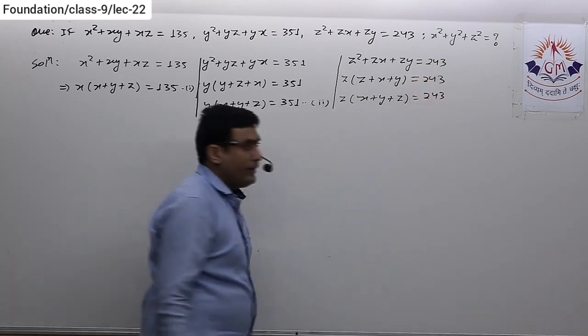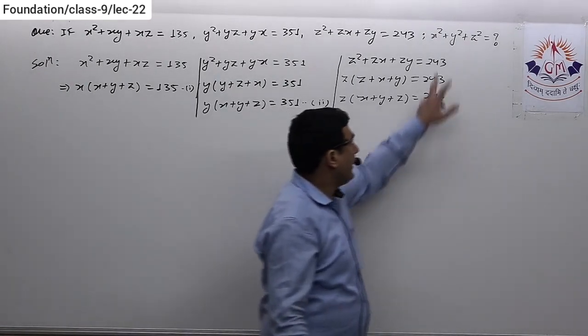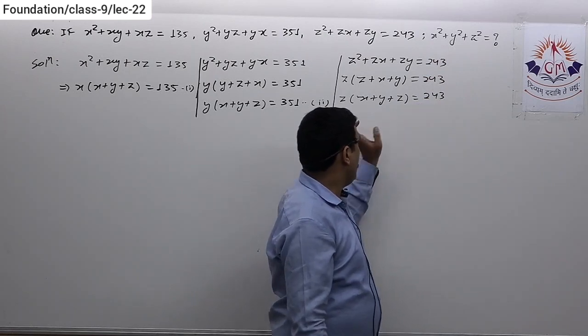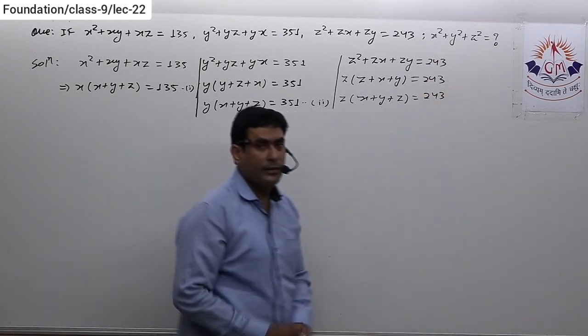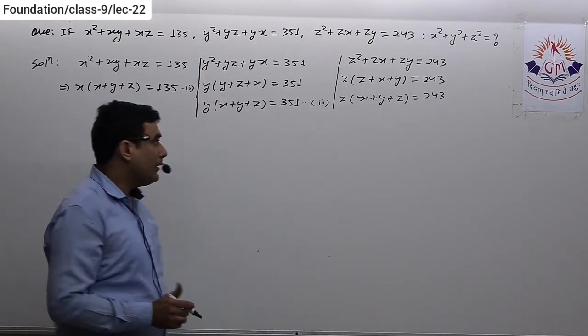Now there are two ways to get the value of x square plus y square plus z square. Either I get it directly, or if I get the values of x, y and z separately, then I can obtain the value of x square plus y square plus z square.